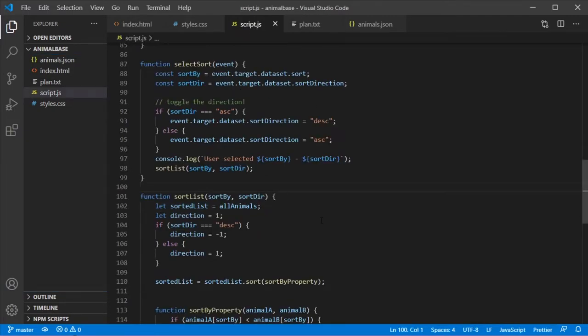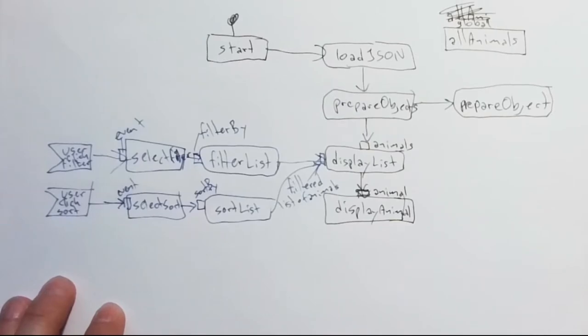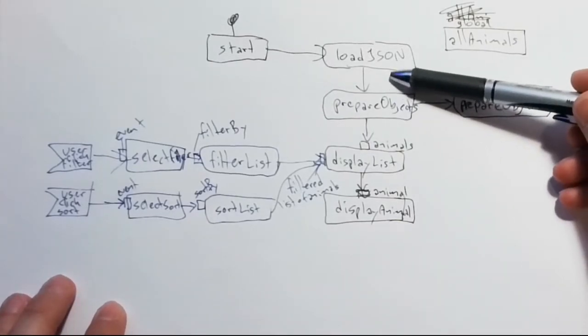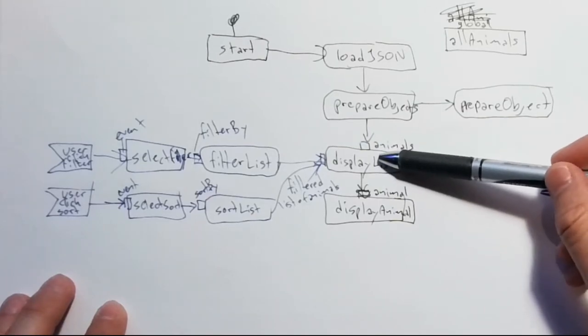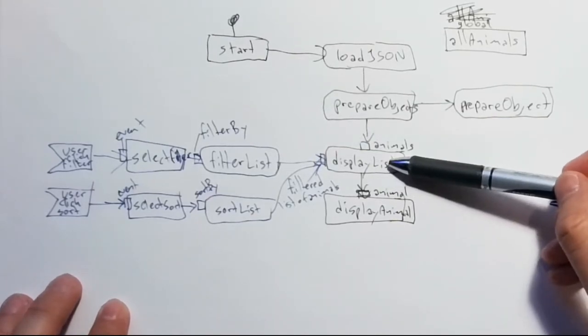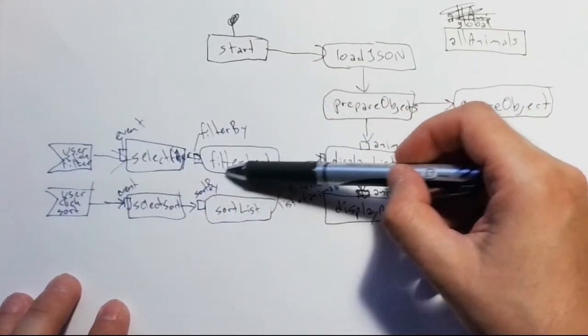And I think if I go back to my drawing, I could probably see it a bit easier. Because what happens is that the first time I load the page, it prepares the objects and displays the list of all the animals. If I then filter, if I click a filter, then it creates a filter list.